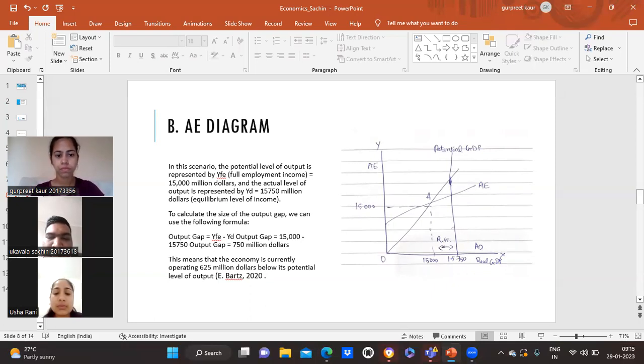Output gap equals YFE minus YD. Output gap equals 15,000 minus 15,750. Output gap equals 750 million dollars. This means that the economy is currently operating 750 million dollars away from its potential level of output.